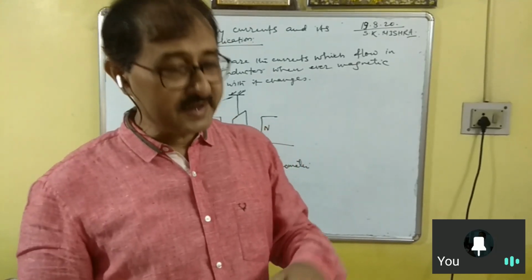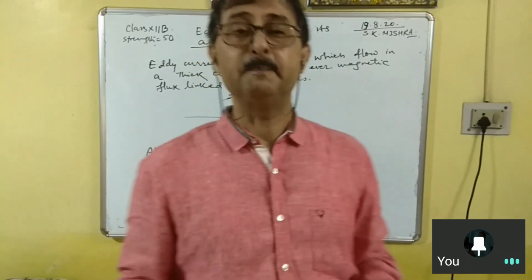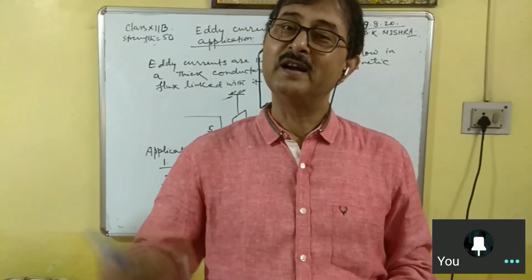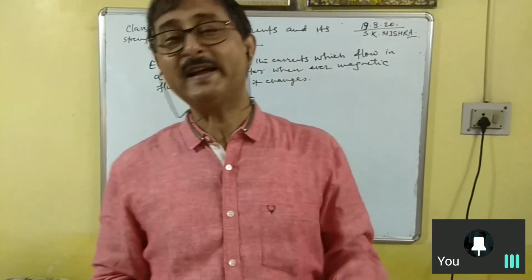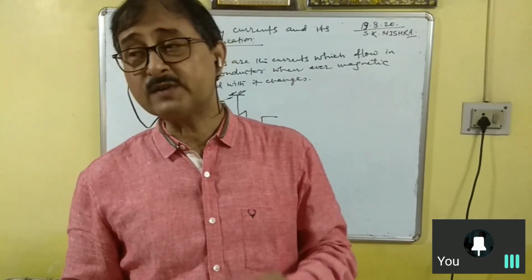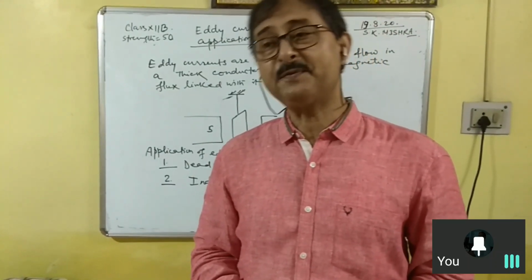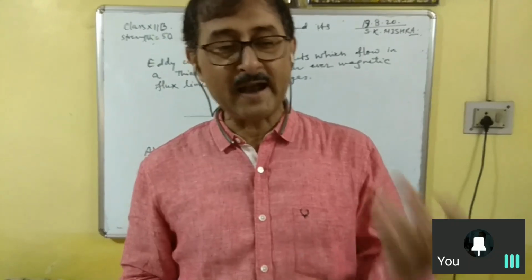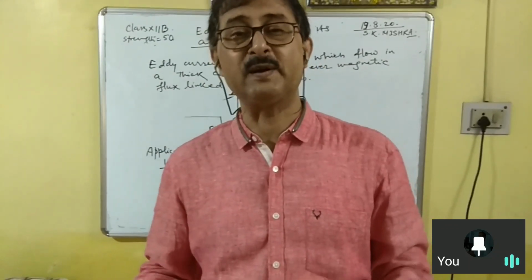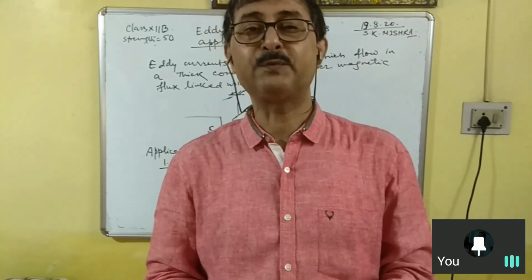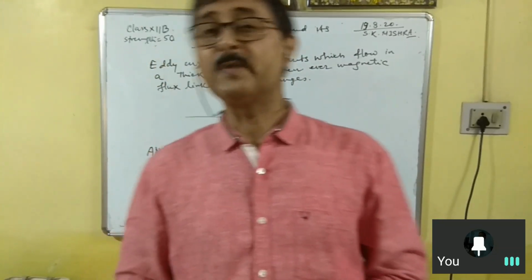Due to the change in magnetic field, the magnetic flux linked with the pieces of metal also increases or decreases. So then what will happen? Eddy current will be produced, and because of the large eddy current, a heating effect will be there, and the heating effect is so high that the metallic pieces will be melted, and then the different melted metallic pieces mix up and form alloys.